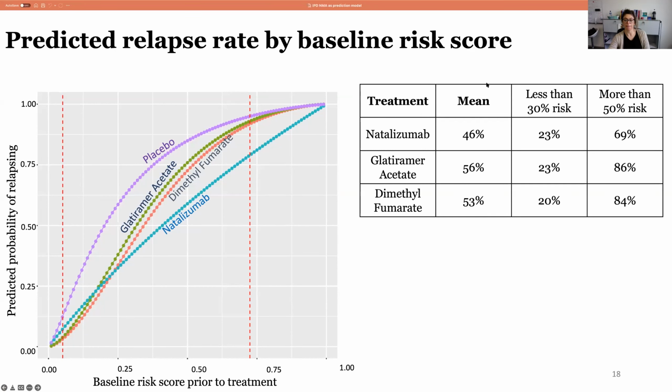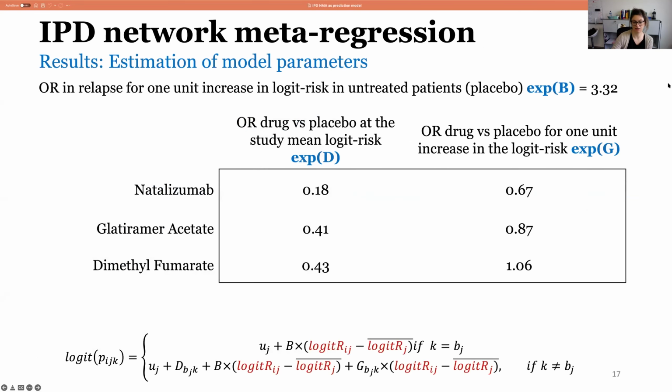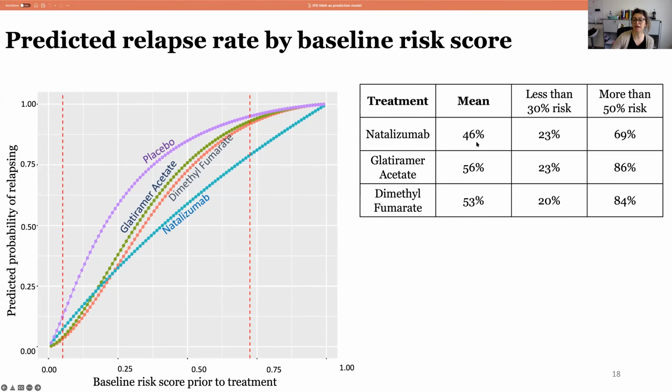So as we said, on average, and as you saw in the odds ratios, natalizumab is on average a preferable treatment because the risk of relapsing in 2 years is 46%, and the other two have larger probabilities.